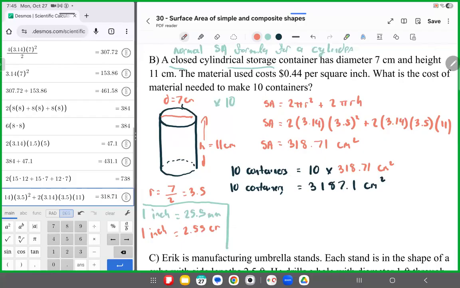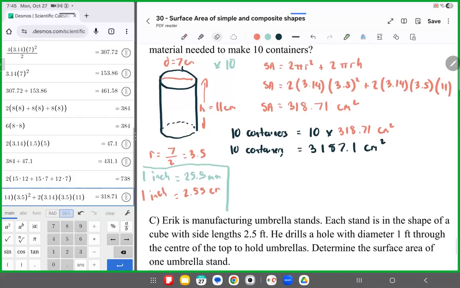And if we want to have one inch squared, because remember, when we talk about converting areas, you need to use the conversion twice.